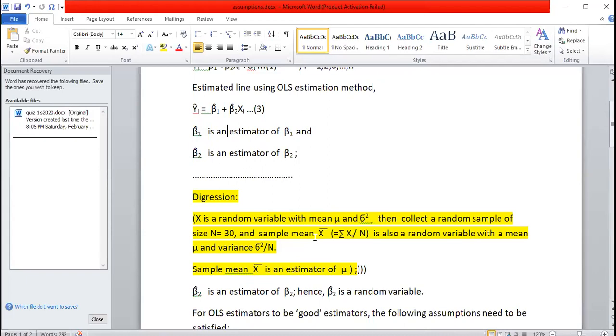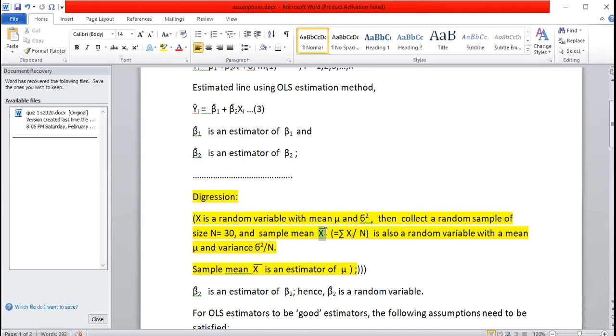An estimator is like this: you have a random variable x with mean mu and variance sigma square. You really want to know mu, you really want to know sigma square. These are population parameters. Then there is no way to find mu directly. What do you do? You find x bar. What is x bar? X bar is a sample mean, which is summation xi over n.